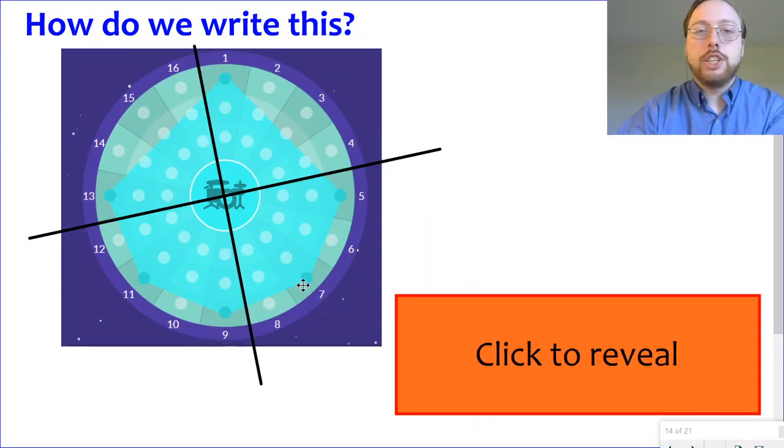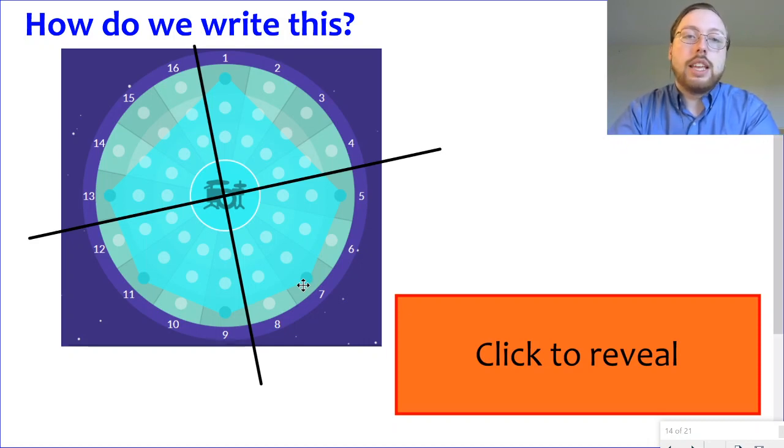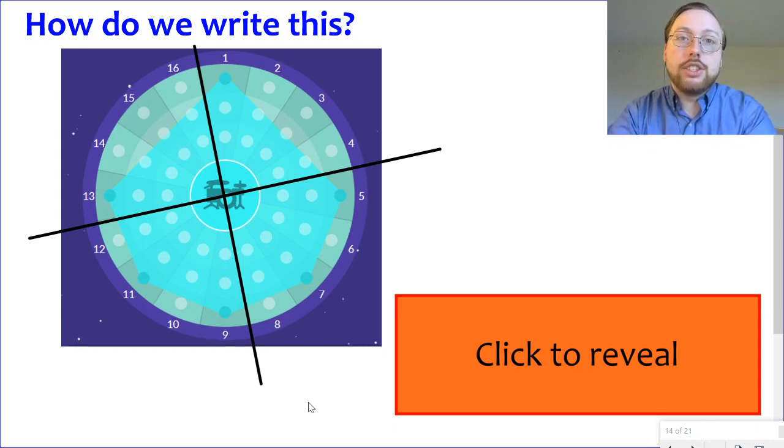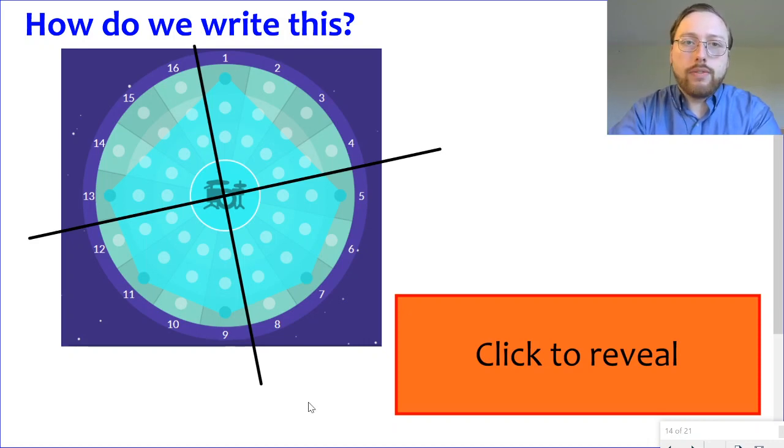Now here's a good question. I have put a groove pizza slice on the board here, and I want you to figure out how could we write this using our standard rhythm notation. When you're thinking, make sure you're thinking about how many sounds are in each of the quadrants, which means how many sounds are in each of the beats.